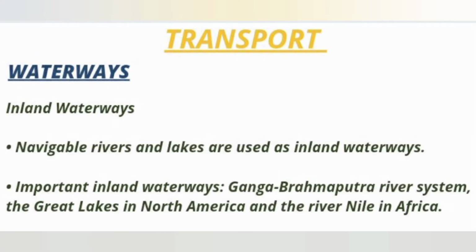Inland waterways: navigable rivers and lakes are used as inland waterways. Important inland waterways are the Ganga Brahmaputra River System, the Great Lakes in North America, and the River Nile in Africa.